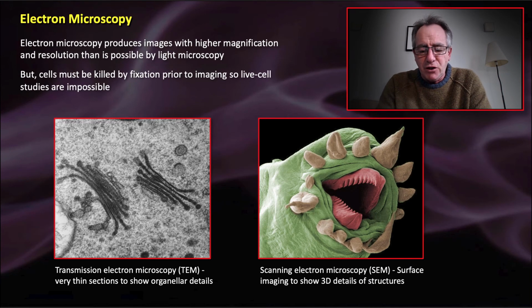And finally, to finish this lecture on advanced imaging, I've got to mention electron microscopy. I'm not going to go into big detail about electron microscopy, but I want you to understand that it is a very useful technique. Obviously, in cell biology, look at the kind of images that we get out of a transmission electron microscope. There are the Golgi bodies.